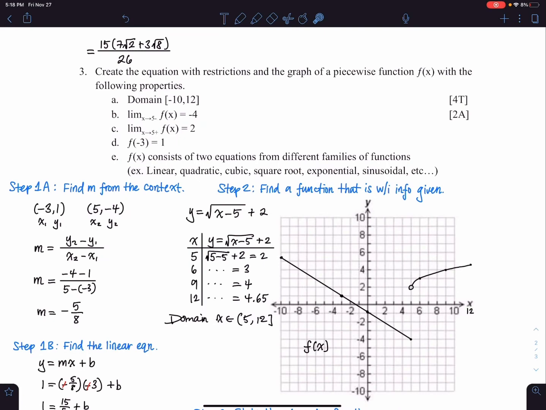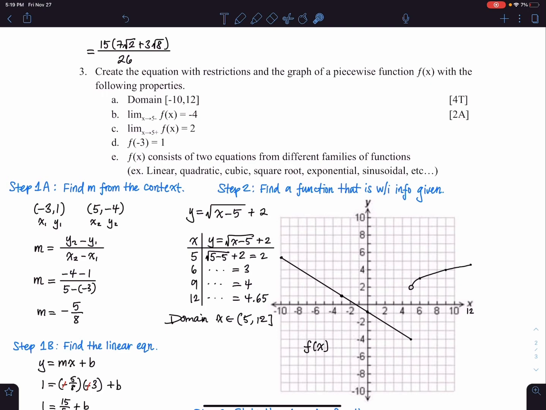Question 3. Create the equation with restrictions and the graph of a piecewise function f of x with the following properties. So the first property is the domain. We want it to equal minus 10 and go all the way to 12 and also equal that. That's interval notation if you haven't seen that before.